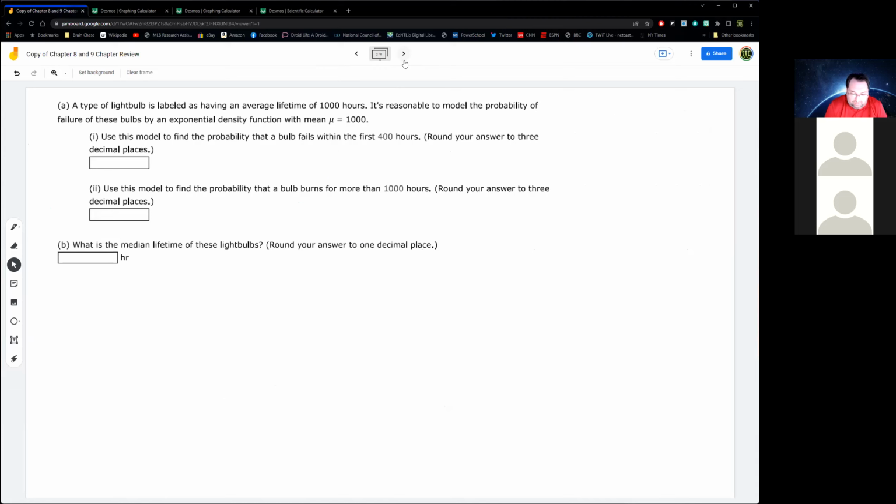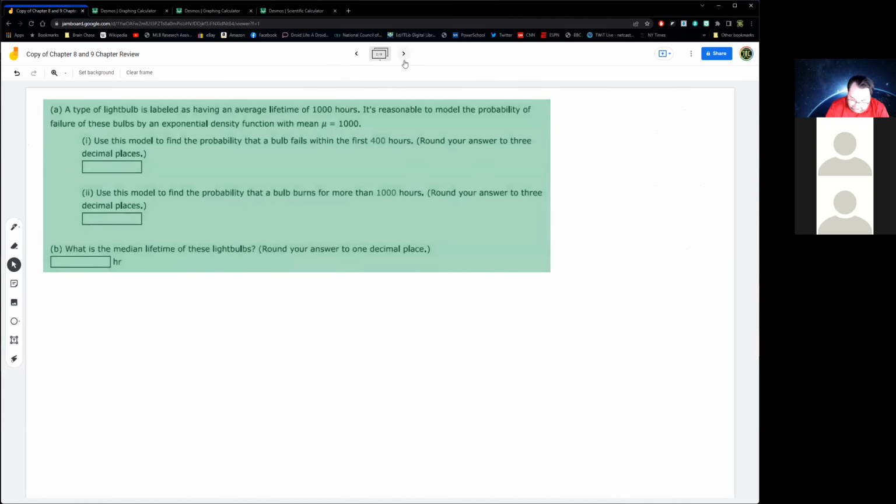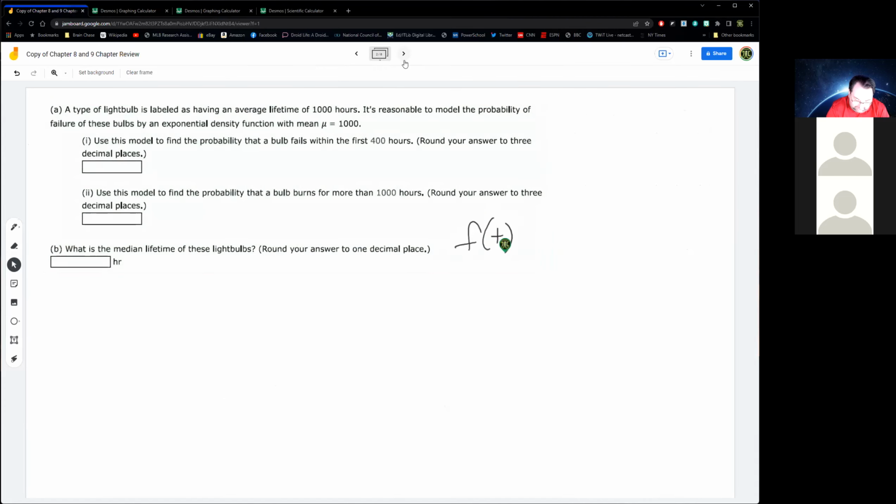Remember, you don't really have to worry about the zero part of it because that's kind of assumed. So we've got f of t equals 1 over 1,000 e to the negative t over 1,000.